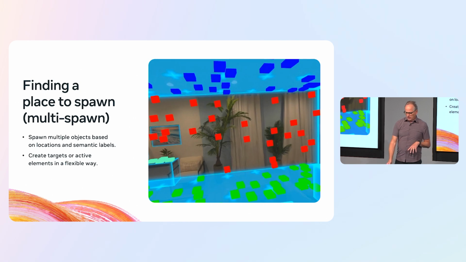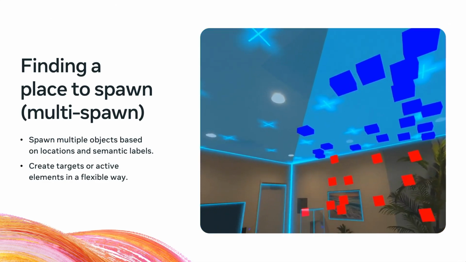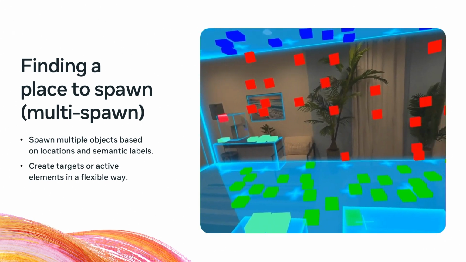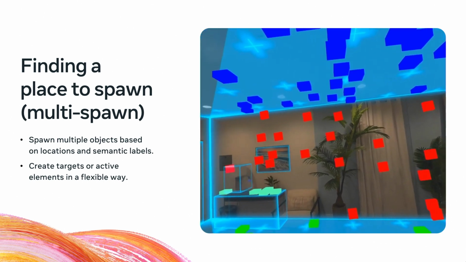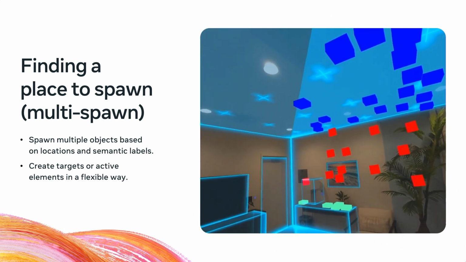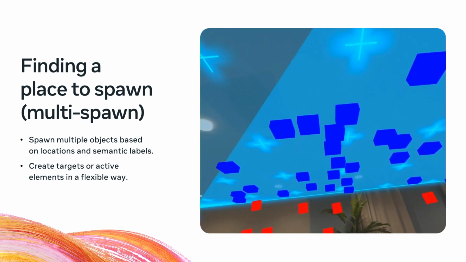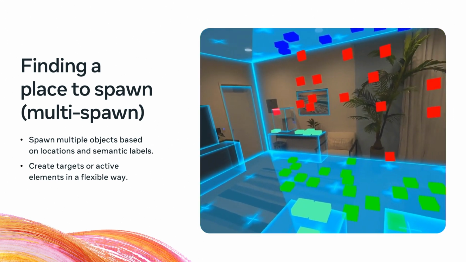In this particular video, what we've done, as you can see here, is we've told it to place a bunch of random objects: blue objects on the ceiling, red objects on the wall, green objects on the floor, light green objects on miscellaneous things. Now, this could have just as easily been red, green, and blue elves. You could have had them attacking each other at the boundary of the walls and doing whatever they want.